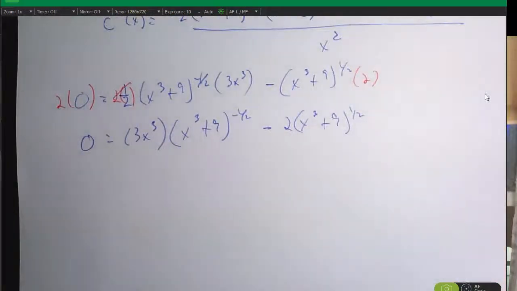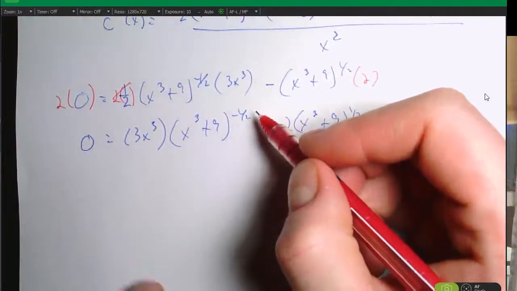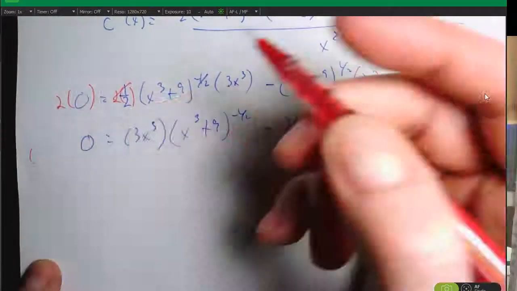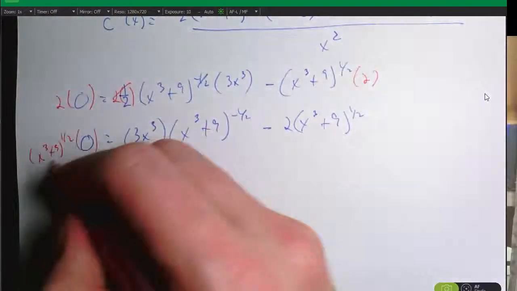Another advanced solving technique is you can multiply everything by this guy with the positive exponent and it'll cancel them off. So if I multiply everything by x cubed plus 9 to the 1/2, the left hand side doesn't matter, it still just stays 0.